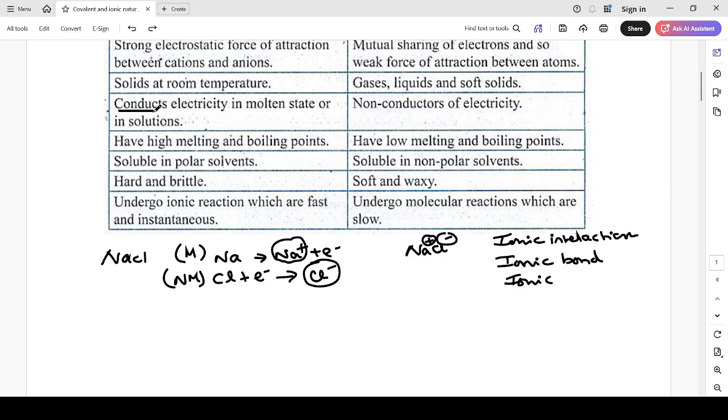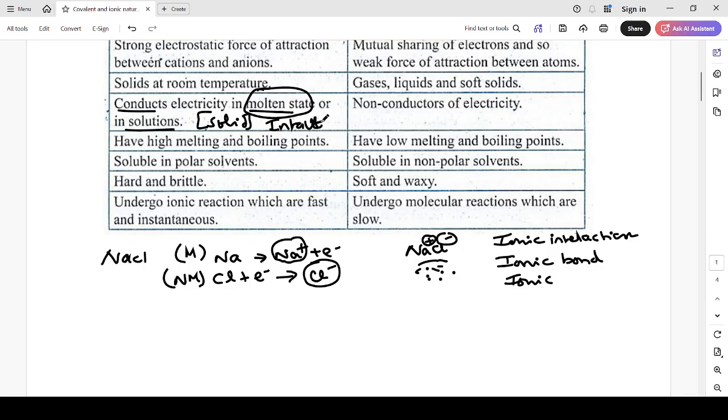Okay. So they conduct electricity in molten state and in solution. In molten state also, they can become free enough so that they will be able to conduct electricity. But what about solid state? In solid state, they are very intact.